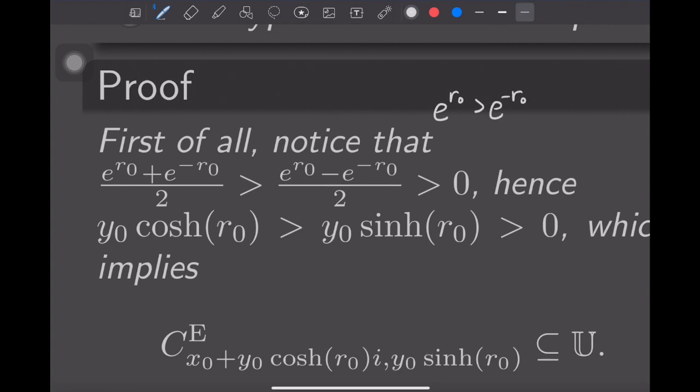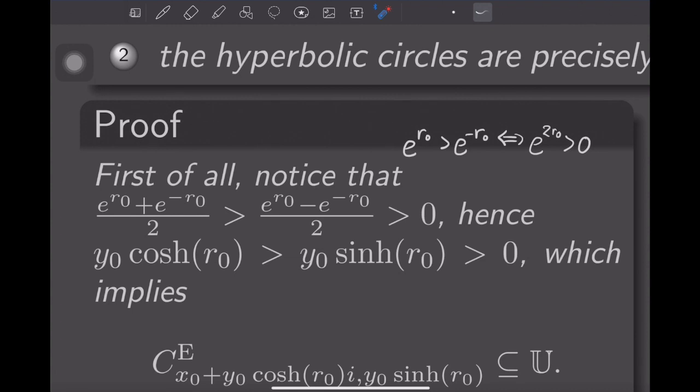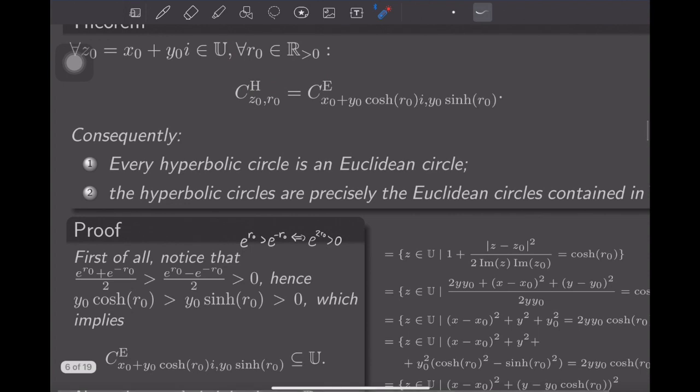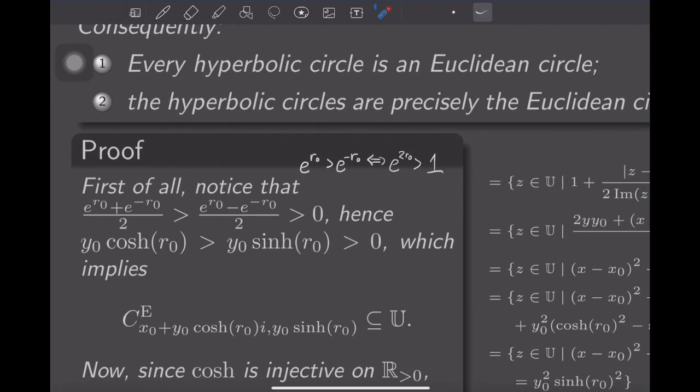So what you need is that e to the 2r naught is greater than 1. But r naught is a positive real number, so this is indeed greater than 1, because this is e to the 0, and the exponential, at least restricted to the real numbers, is injective.